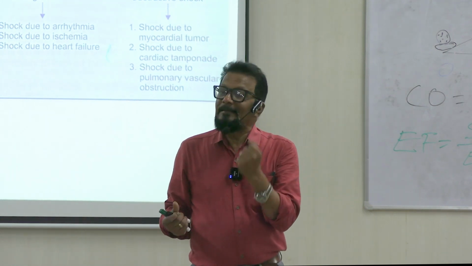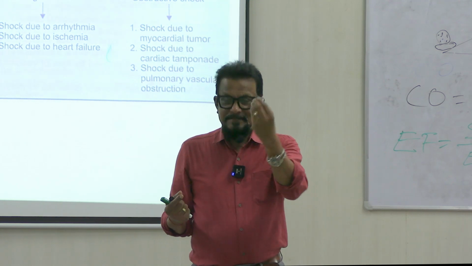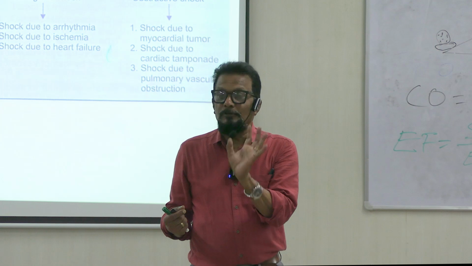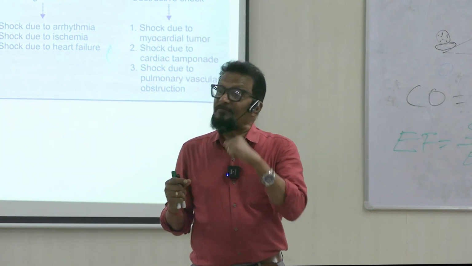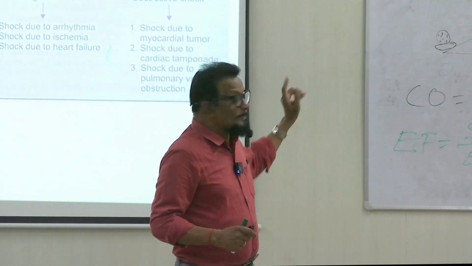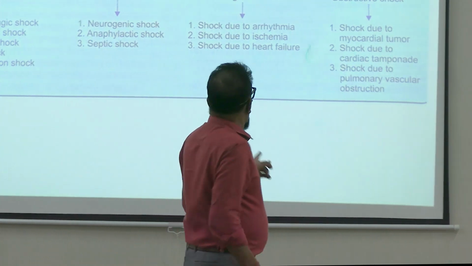Now it will get less, it will produce less energy. Since there is production of less energy, it will not be able to contract efficiently. So cardiac output will be less. So ischemia is another condition in which cardiac output is reduced.